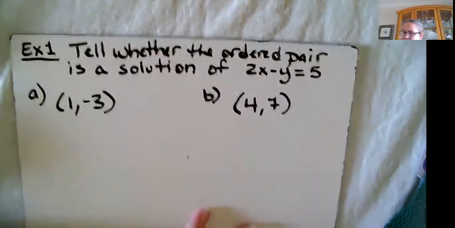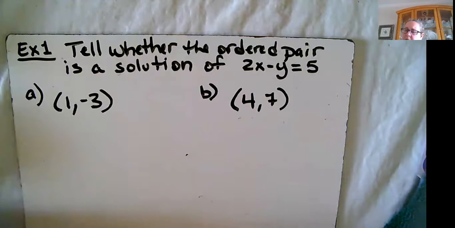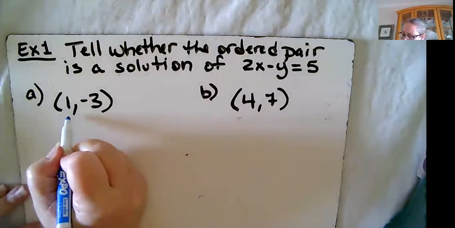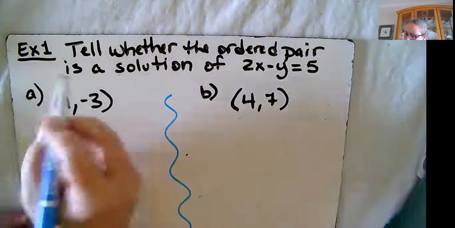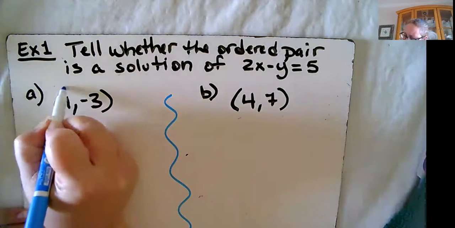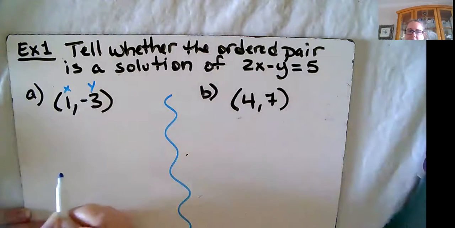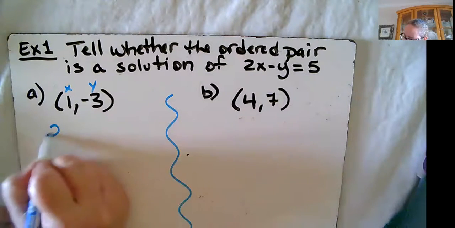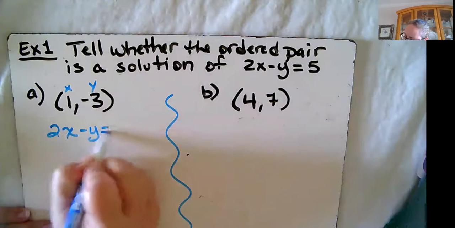Okay, so for example 1, it says tell whether the ordered pair is a solution of this equation. For our first one, they give us an ordered pair. An ordered pair represents an x and a y, but we're going to take those values and plug them into our equation. So we have 2x minus y equals 5.